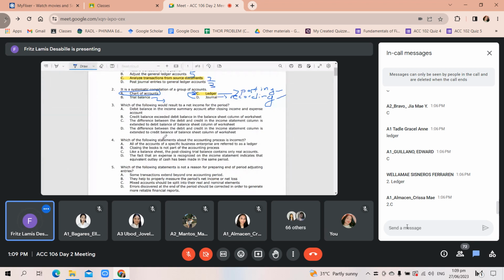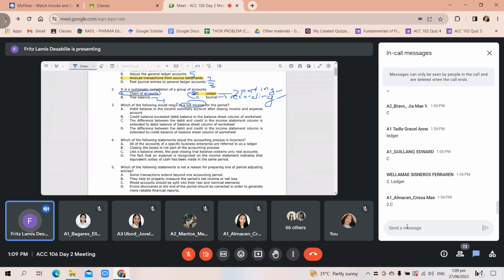Sige. Number 3. Which of the following would result to a net income for the period? Okay, let's analyze each one. Letter A, debit balance in the income summary account after closing income and expense accounts.